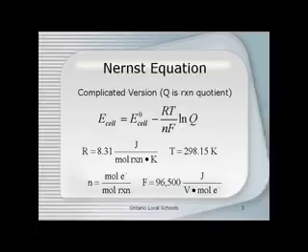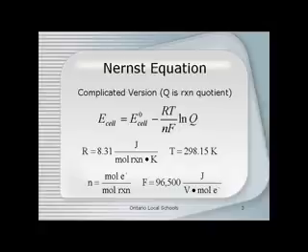Now, R is the universal gas constant, but in this case, R is going to be related as a thermodynamic quantity. So we will use the value for R as 8.31 joules per mole of reaction times Kelvin. The temperature is 298.15 Kelvin. n represents the moles of electrons per mole of reaction, and you'll see how that works as we go on.